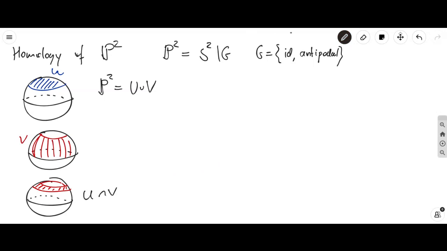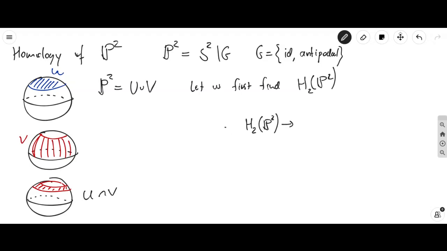And we're actually going to find, so let us first find the homology, the second homology of P2. Because it's easier, and it's going to help us find the first homology. So we go to the Mayer-Vietoris sequence. So we have this.